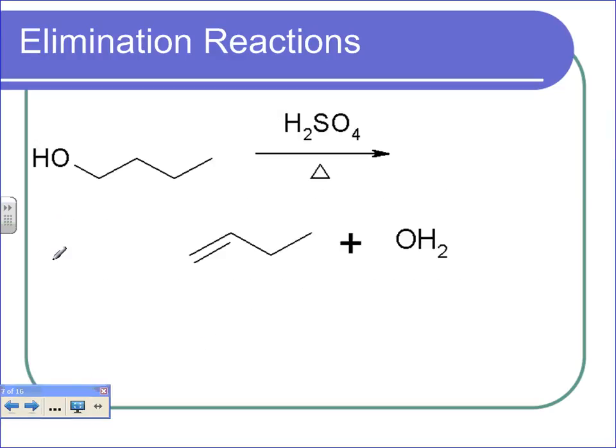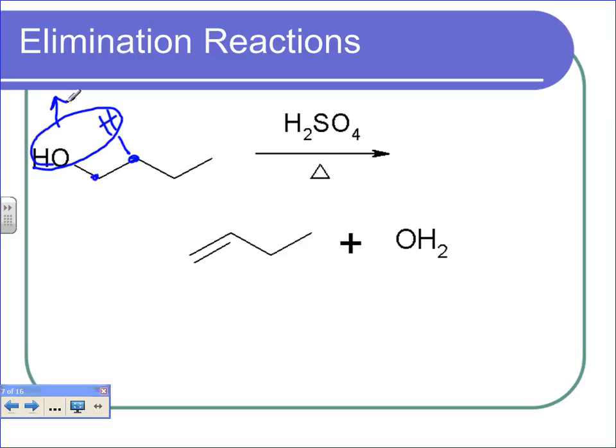For the dehydration of alcohol, we need a catalyst of sulfuric acid and we need heat in order to do this. So if I've got an alcohol and I heat it up in the presence of sulfuric acid, I'm going to eliminate water. The hydroxyl on one of the carbons and a hydrogen on a neighboring carbon will be eliminated or removed as water.